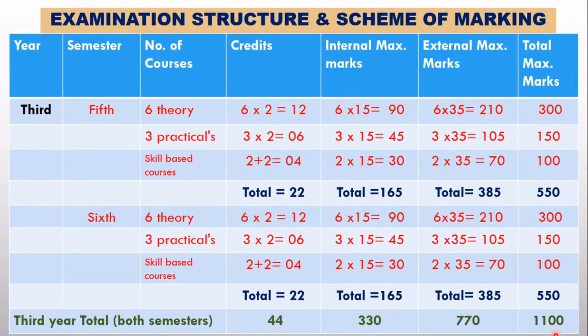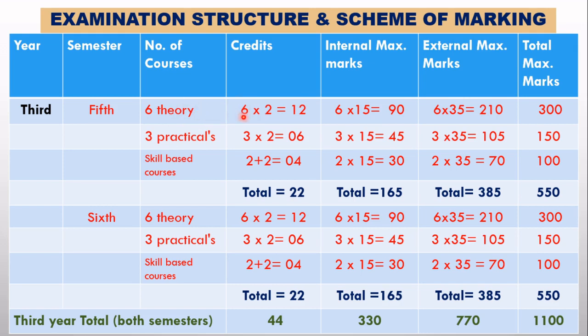Now the examination structure and scheme of marking for the third year. Here, as we have seen, there are 3 discipline specific elective courses, and each has 2 theory papers and 1 practical paper.